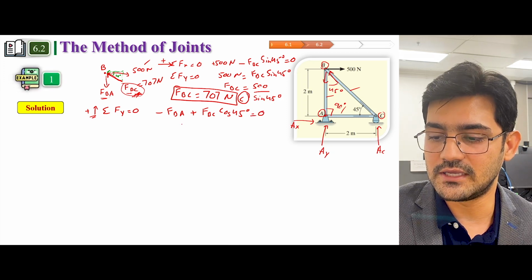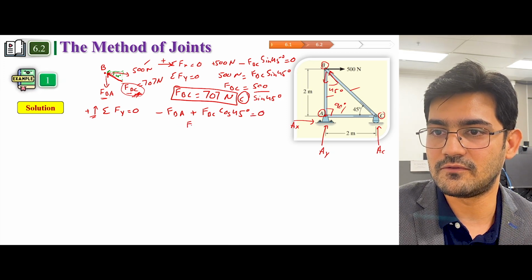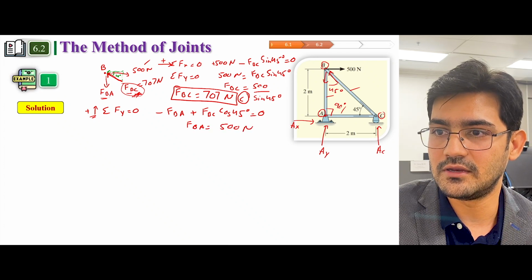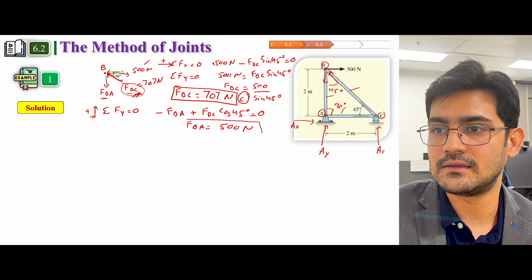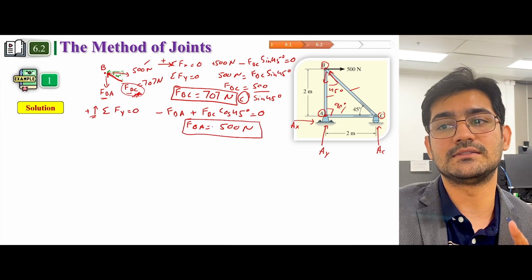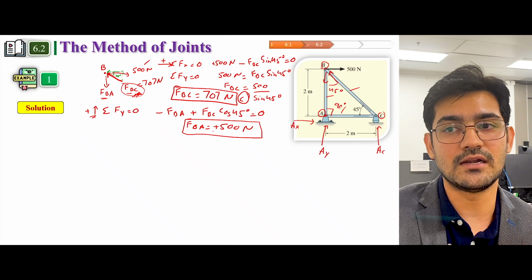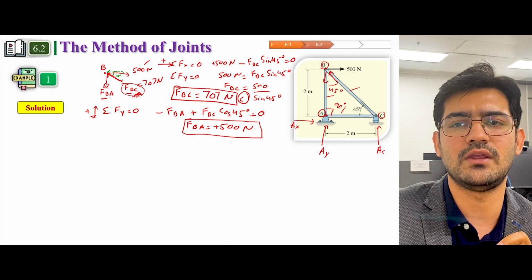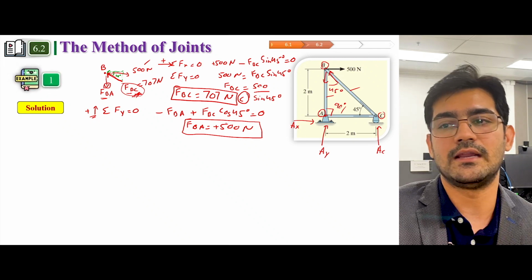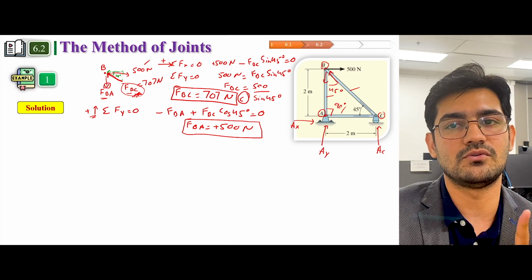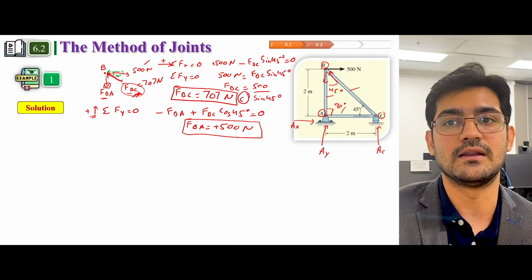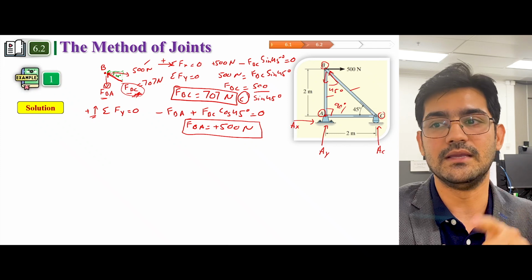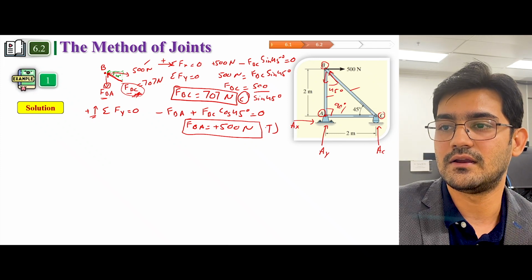If you solve this, you will get F_BA as 500 Newton, and it's giving us a positive result, which means that whichever direction we determined was correct. We just randomly assumed it was downward, and our answer is coming out positive, so our assumption was correct. And if it's downward, it means it's not pointing towards this point B. So this is a tension force.